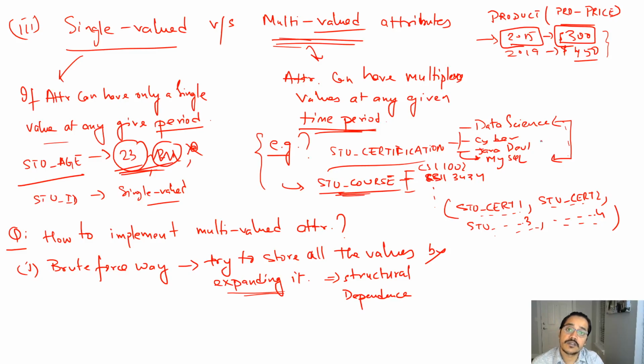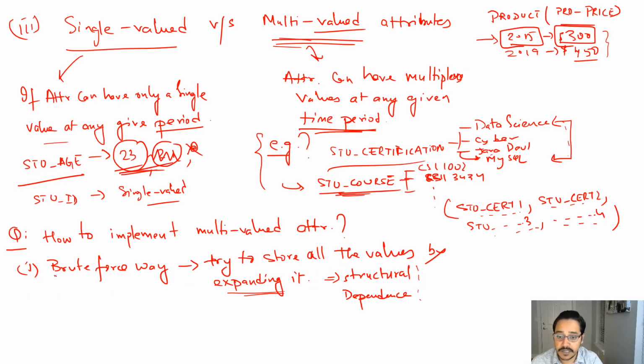If a student graduates from the university, then you will lose that record of that certification, which might have been uniquely held by that student, but you would like to keep it on record. All of these will create multiple problems, which essentially boils down to the issue of structural dependency.